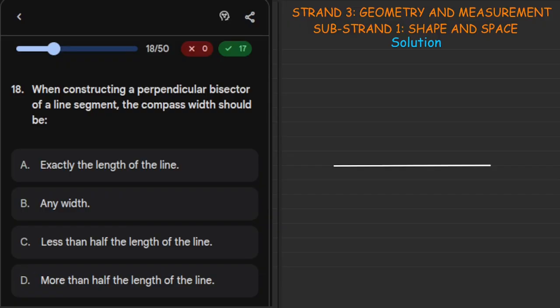If you want a perpendicular bisector of this particular line, you need to pin at the beginning and make sure the width of the compass becomes a little bit bigger than half the length of the line, so that you can get an arc above and then below.